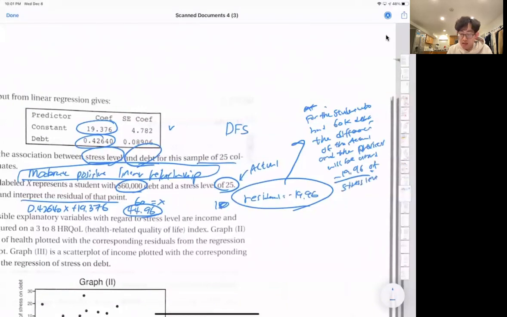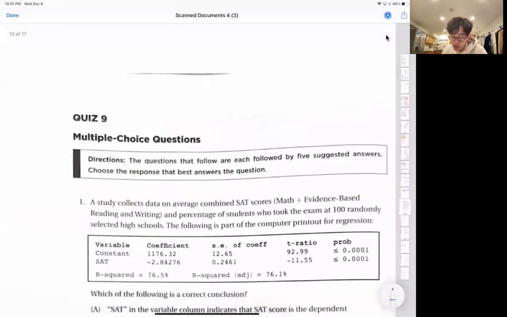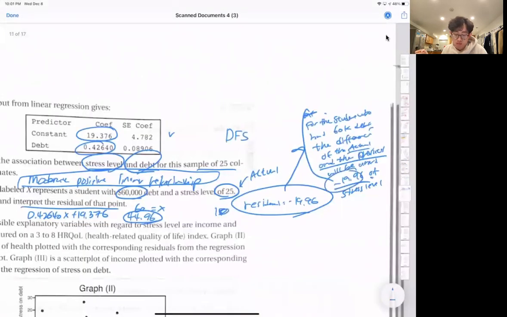Just giving some sort of a description in sentences. This is something that I would say on the spot. So the residual value means that the stress level is 19.96 points less than what would be predicted. So actual minus the predicted is about negative 19.96. That's what the answer key said. Something along those lines is basically how you would describe it in your own words. Okay.